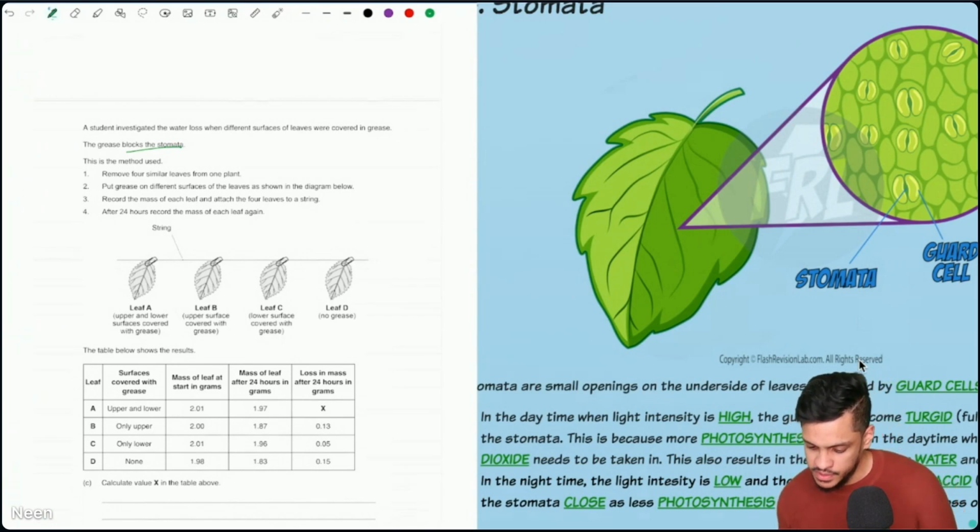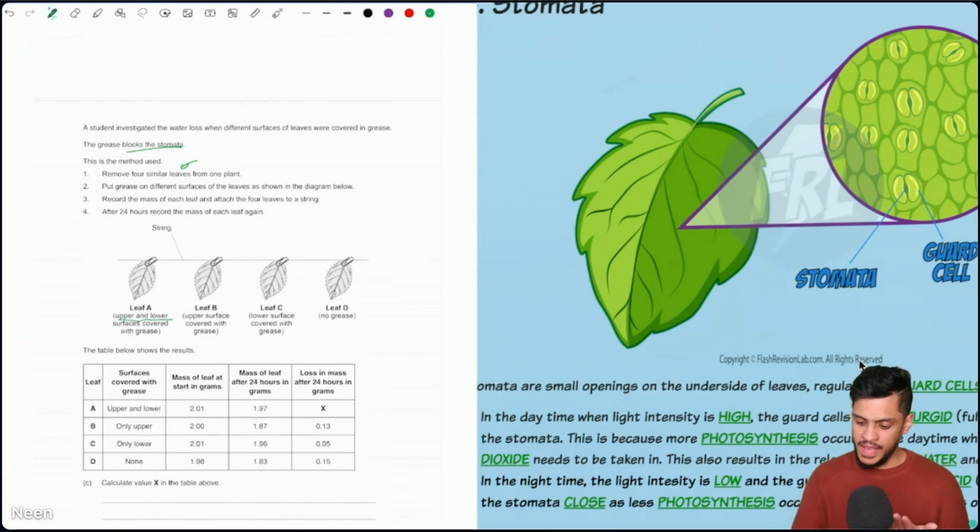So what they've done is they've taken 4 leaves from one plant, they've put grease on different surfaces. So you can see here, they've put one on the upper and lower surface. This one, they've only put it on the upper surface. Here, they've only put it on the lower surface. And here, there's no grease at all. That's the control of our experiment. We're using that to compare.